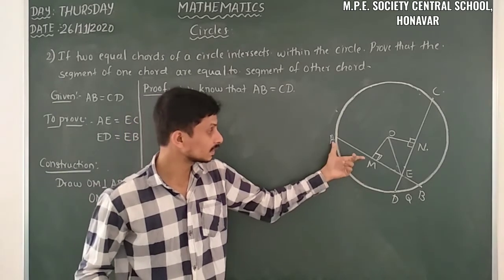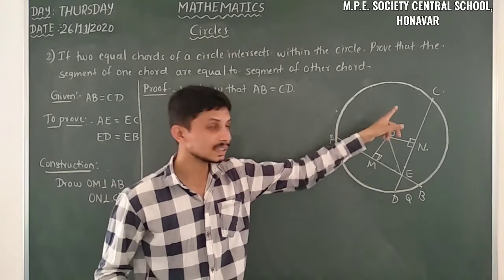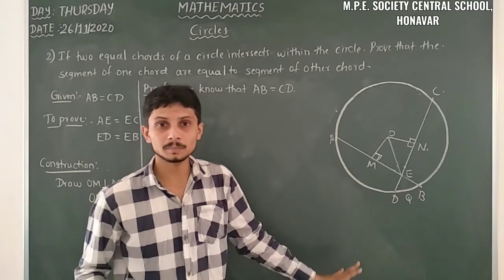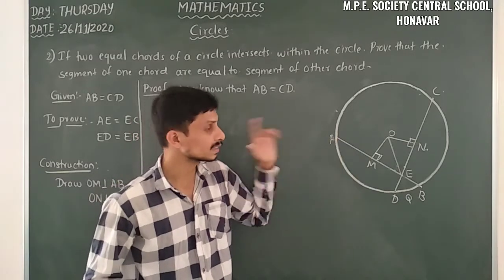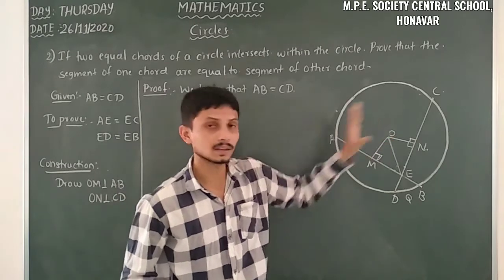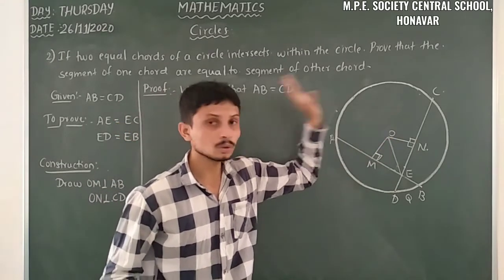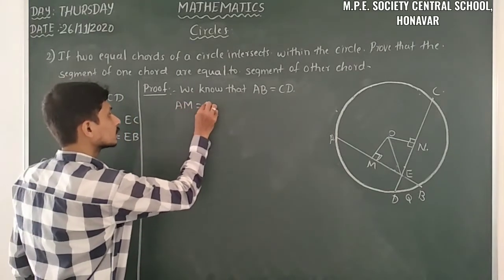These two, AB and CD, are equal chords. When we take the measurement, those two are equal. When we have a perpendicular bisector, half of this line and half of this line are also equal. So that's why we can take AM is equal to CN.